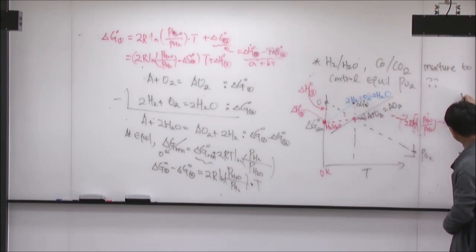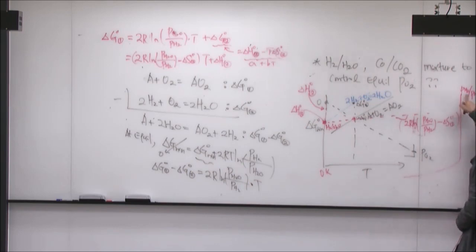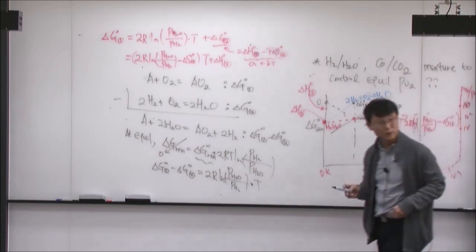He typically represents it as H2/H2O, or H2O/H2, doesn't matter. So this is 10 to the 3, 10 to the 2, 10 to the 1, 10 to the minus 5, and etc.